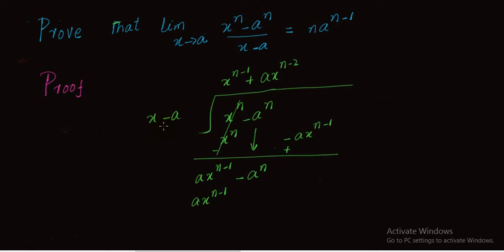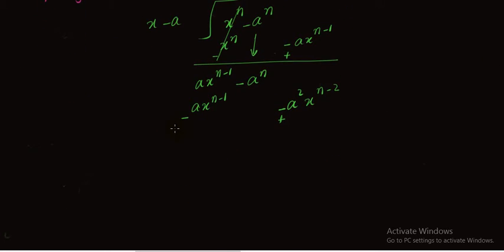Then we multiply -a by this term and we get -a^2 x^(n-2). Again we change sign, plus minus, and these two terms cancel out. We are left with a^2 x^(n-2) - a^n.